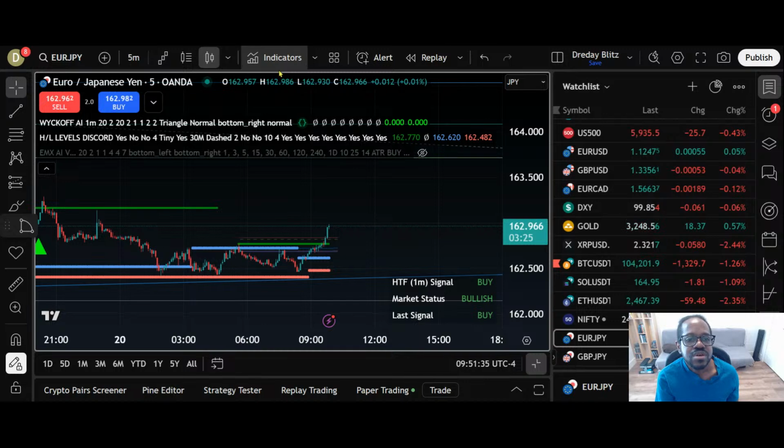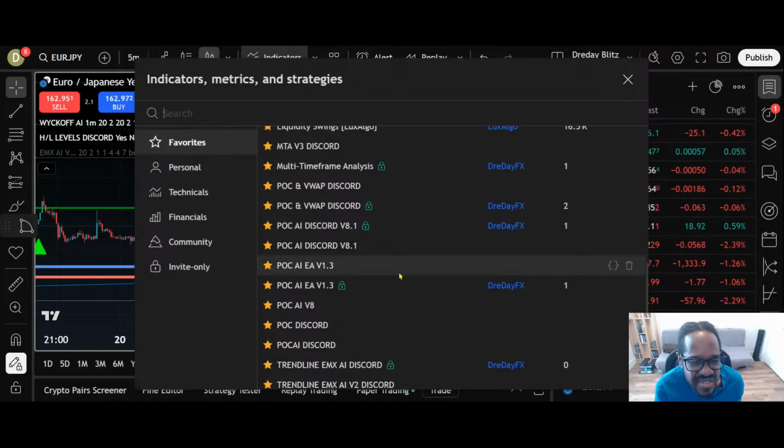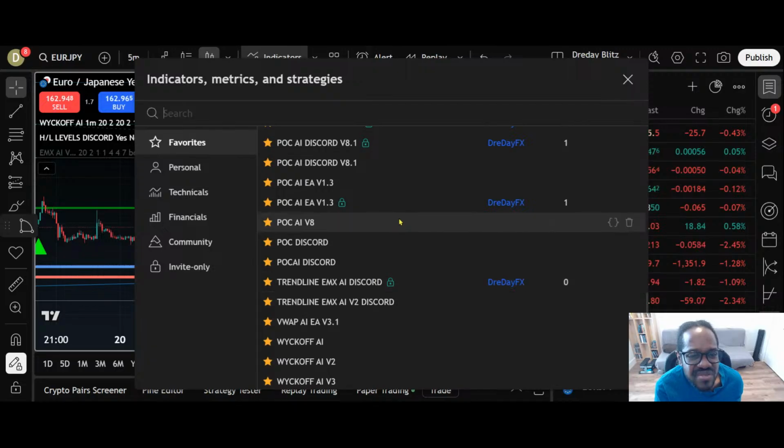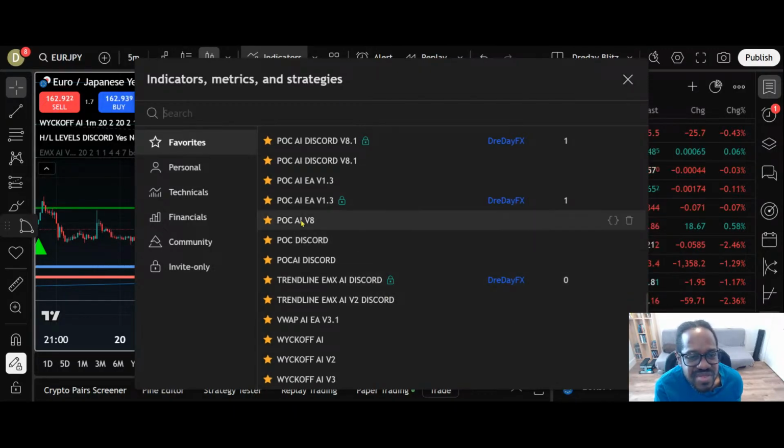So I'm just gonna load POC. POC V8 there.